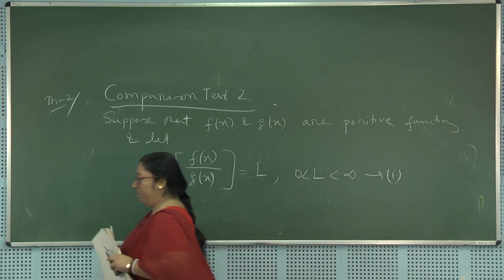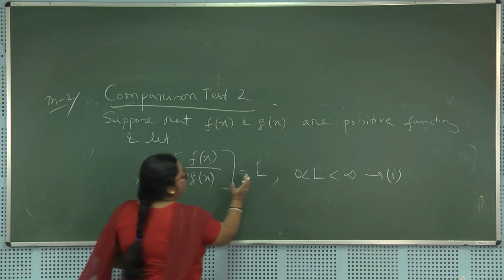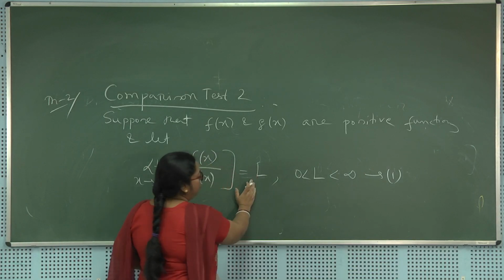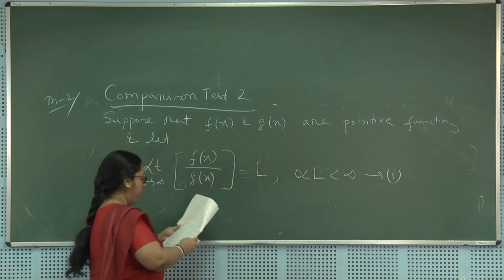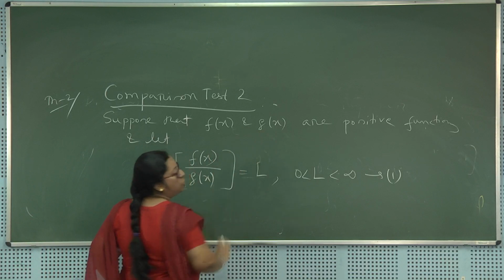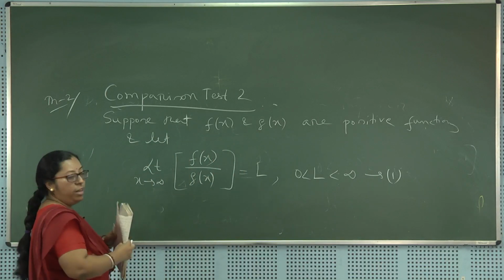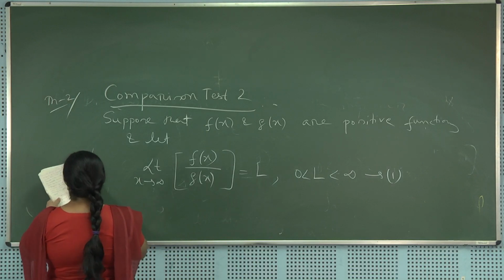So, once again this is the comparison test 2, you take the ratio, take the limit, this is some finite number L. If it is some finite number L except 0 and infinity, then what will happen? Then we can say that both the improper integrals converge or diverge together. This is very powerful and very useful for practical purposes, better than the first one in some cases.